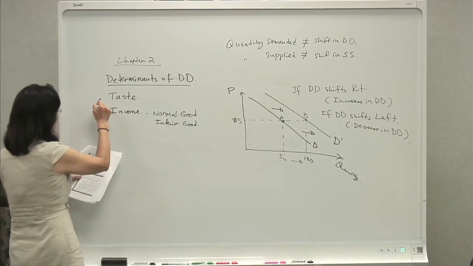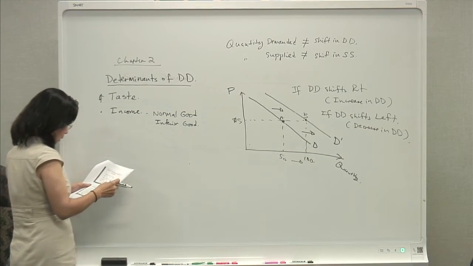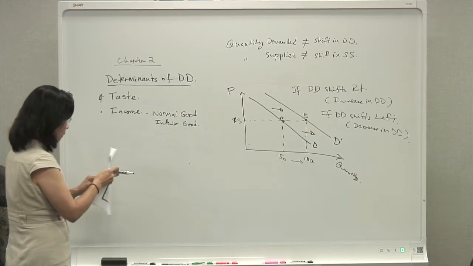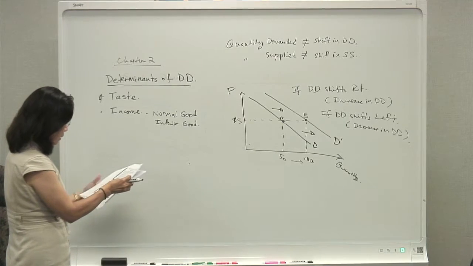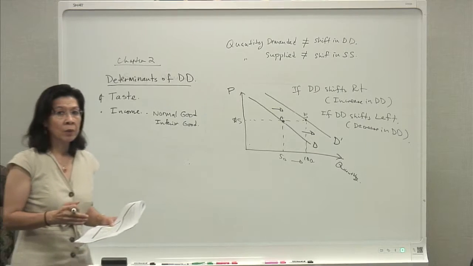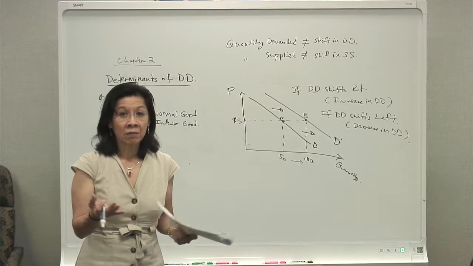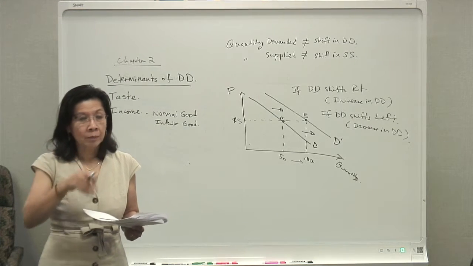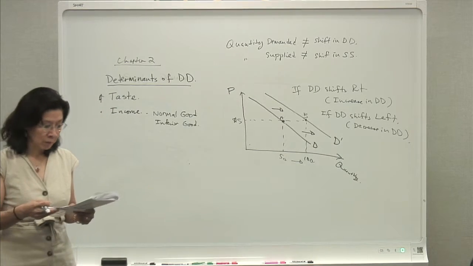So we say that if the taste goes up, the demand curve will shift to the right. Let's present all the cases that shift to the right, and then I'll move on to things that shift to the left. A normal good would be like common things that you consume, like food, and gasoline probably, and entertainment like movies.